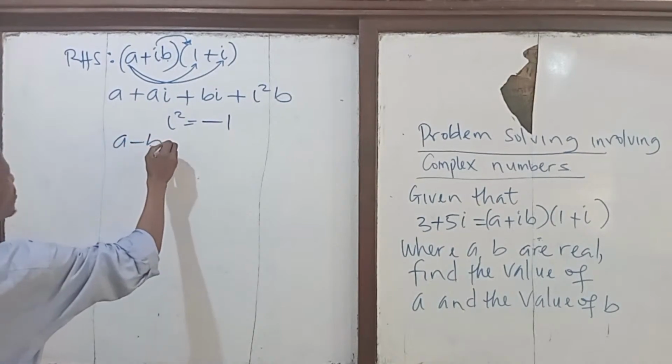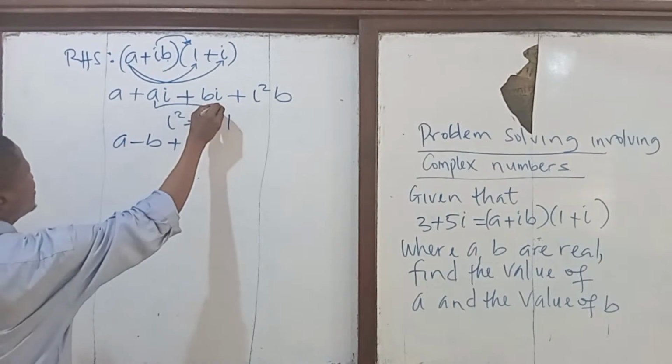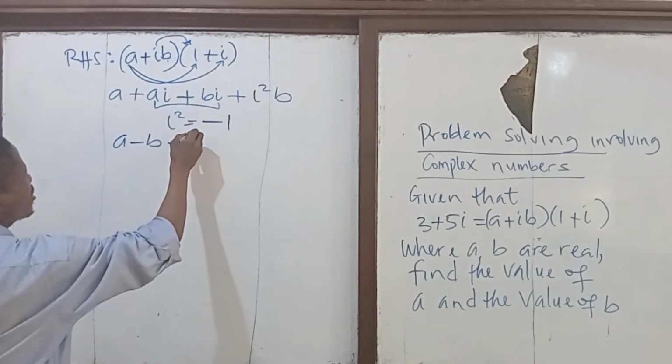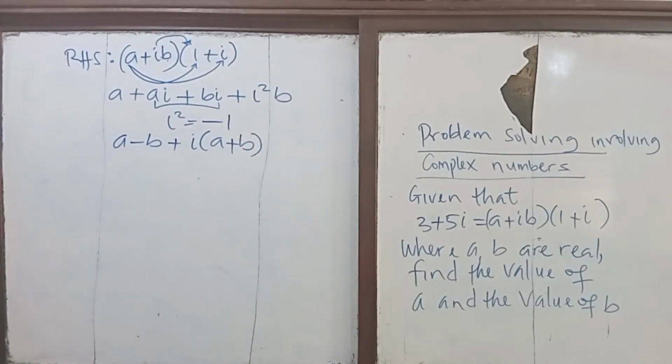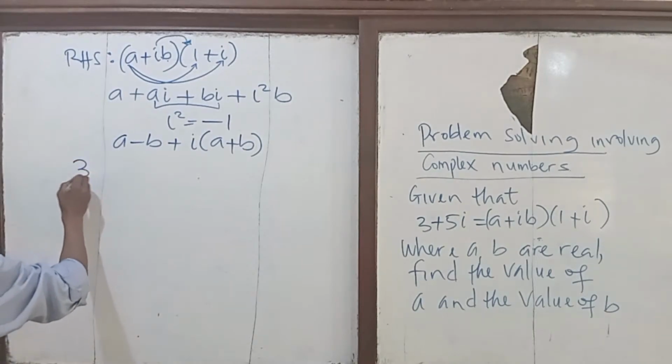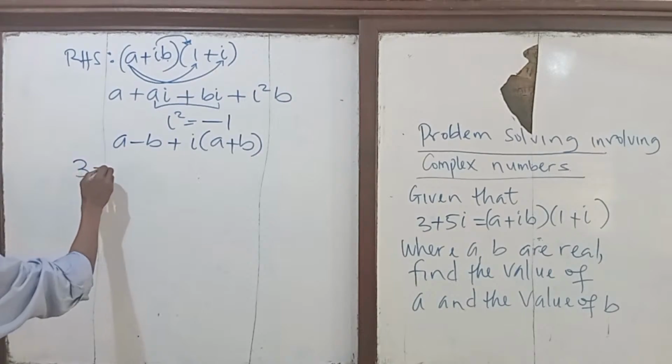And then plus, I'm going to factorize the complex part there. i is common, and I have a plus b in that place. Then I can begin to equate the left hand side with the right hand side.